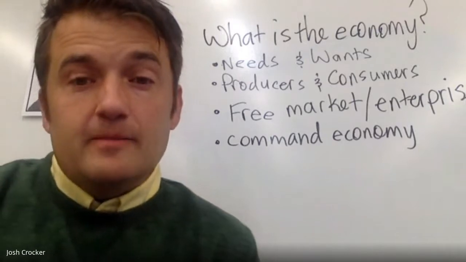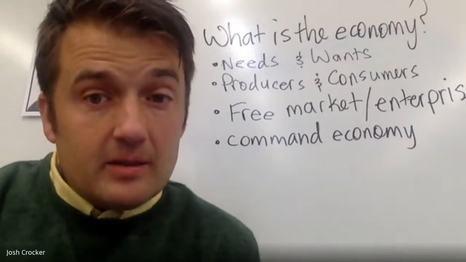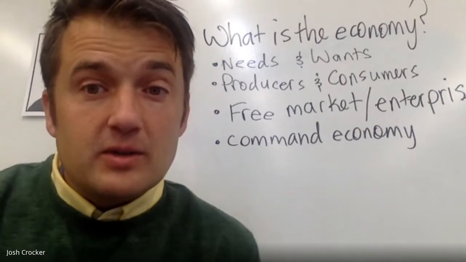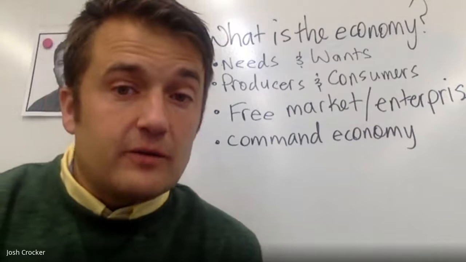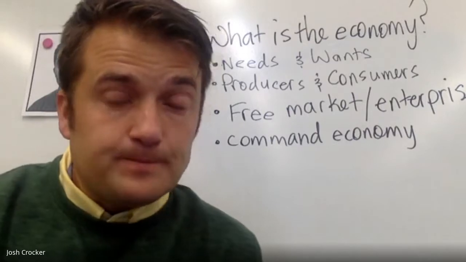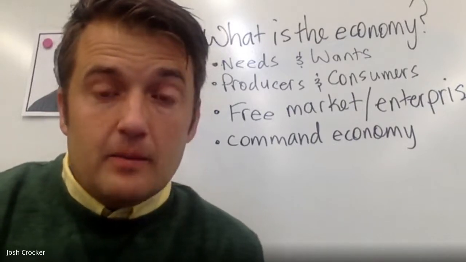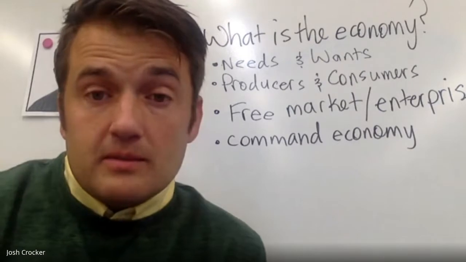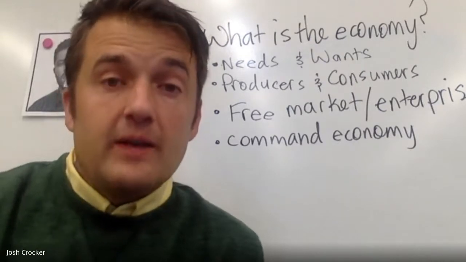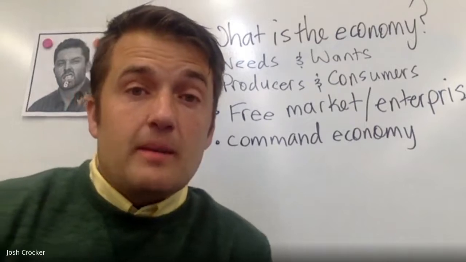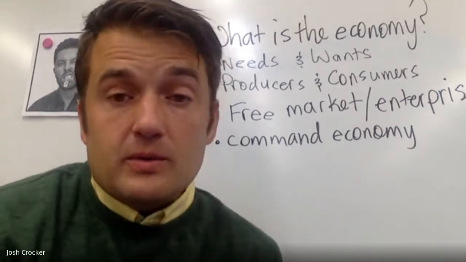Okay. Now there are different kinds of economies. Not every country does this the same way. So in a free market economy, people, the producers, are free to choose what they want to produce. And they're also free to choose how much of it they want to produce.